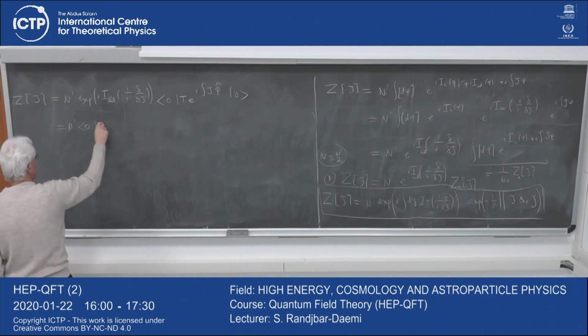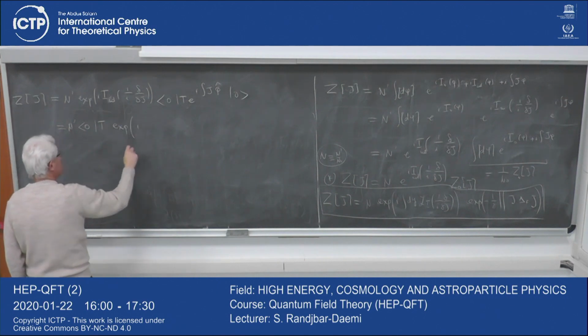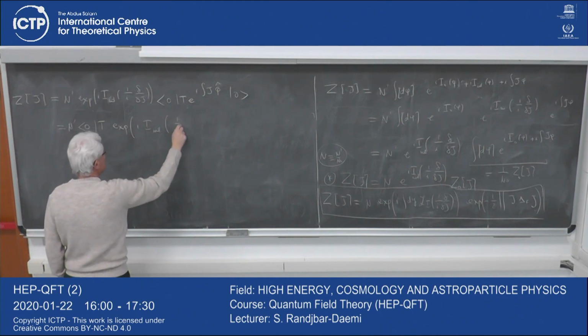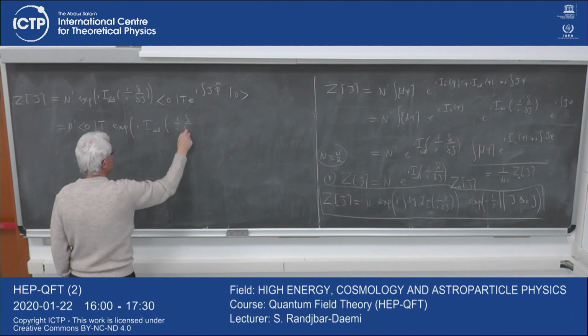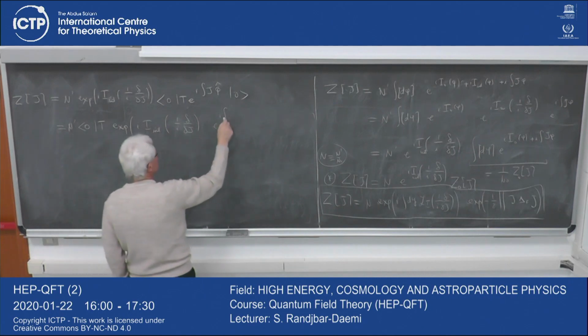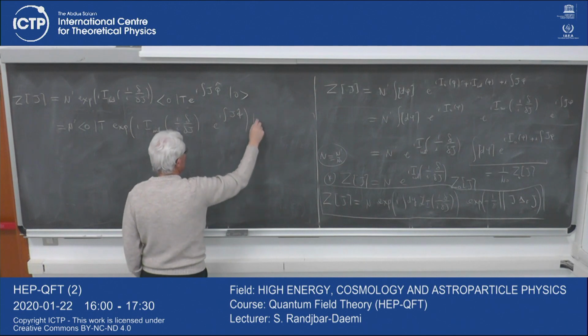But it is neater to push inside and write the whole thing as the time order product of exponential of i interaction, 1 over i d by dj, exponential of i j phi hat, ground state.